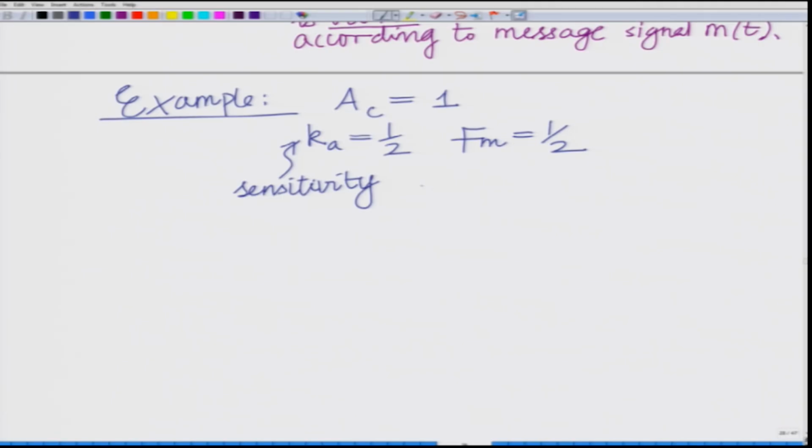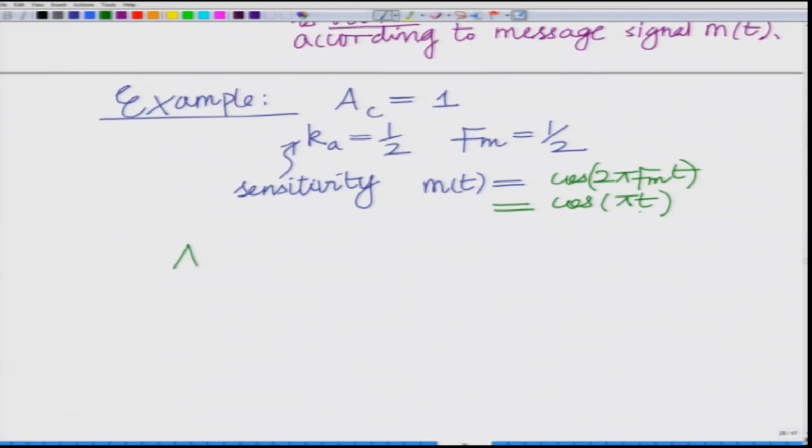Let us choose the message to be a pure sinusoid, m(t) equals cosine 2 pi fm t, with fm equal to half. So this is simply cosine of pi t, which is your message signal.